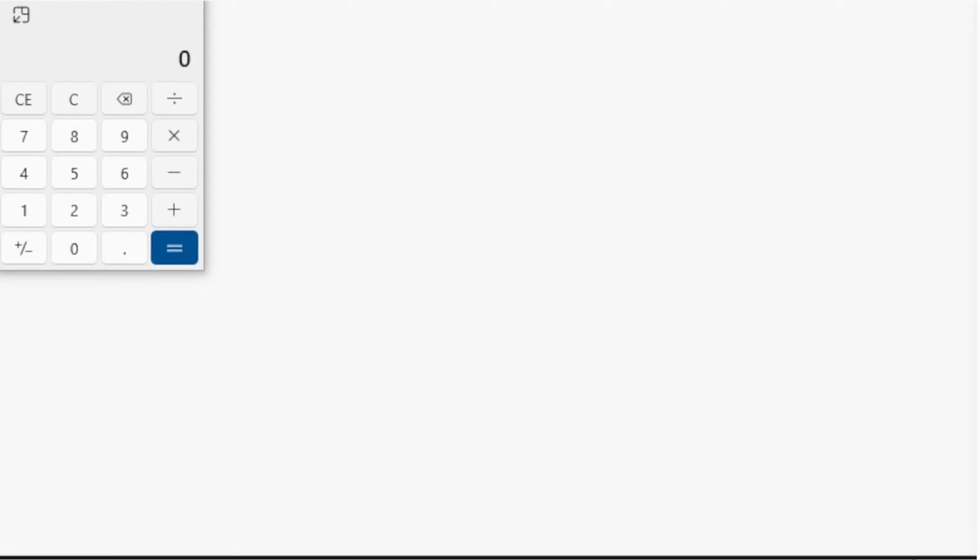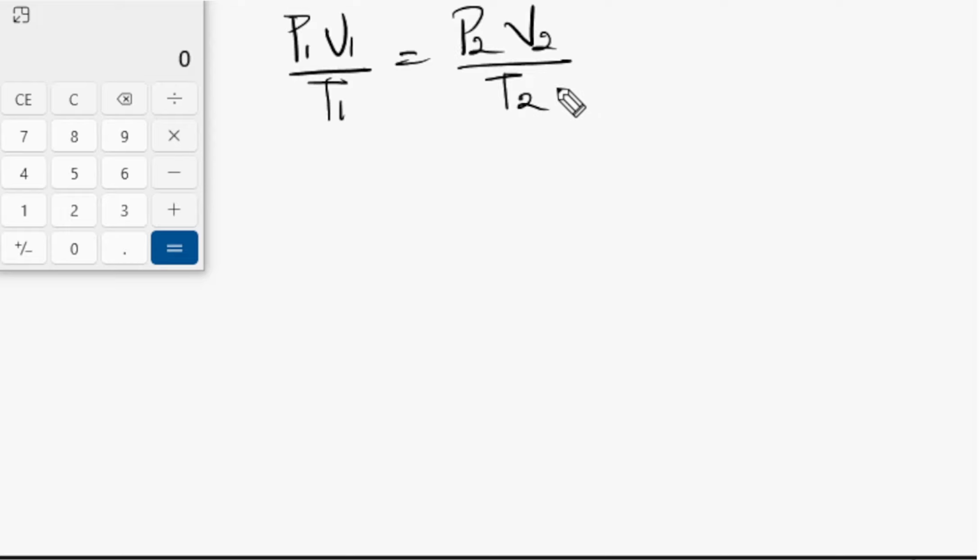So here we need to consider first of all the equation we are going to use for this calculation. So since we have temperature, we have pressure, we have volume, we are going to use our P1 V1 over T1 equals P2 V2 over T2. But guys, then let's recall that our volume first of all is 30 cm. That's our initial volume.